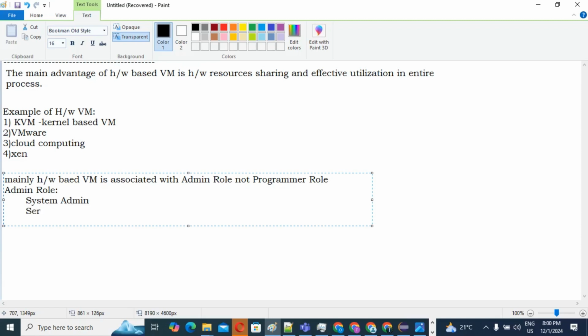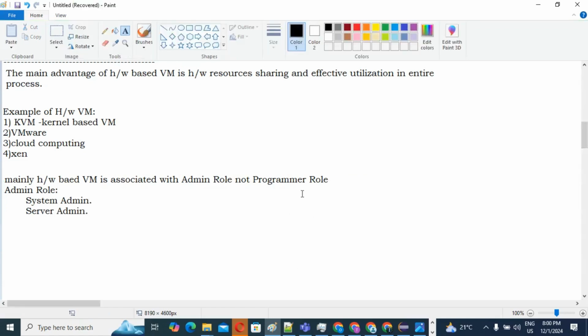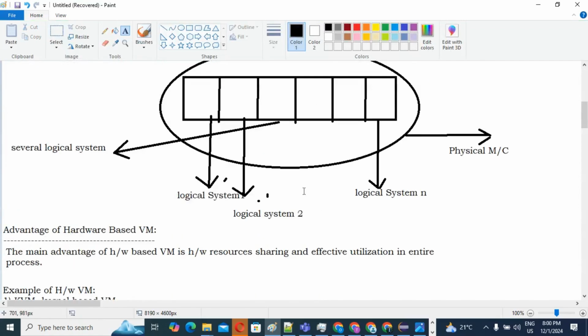Yes or no, guys? Those are the terms you can frequently use with a hardware based virtual machine. I hope you understood everything I explained here, one by one. This is sufficient knowledge if you understand the hardware based virtual machine.